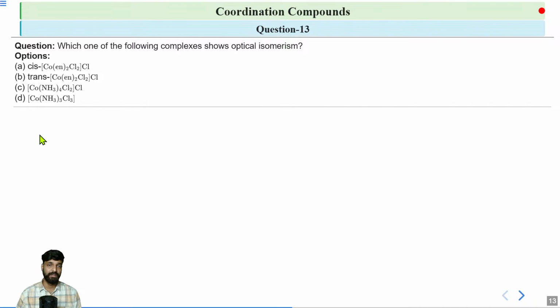Can you tell me? So just try to draw the diagram for each of them and see whether there is a presence of a plane of symmetry or not.